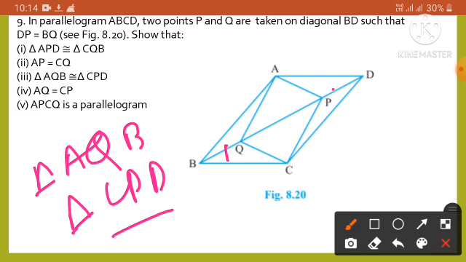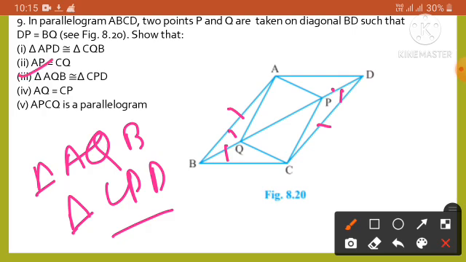Given angle ABQ is equal to angle CDP. And AB equal to CD here, because opposite sides of a parallelogram are equal. So we can say by SAS congruence rule triangle AQB is congruent to triangle CPD. Okay. So we have proved this.